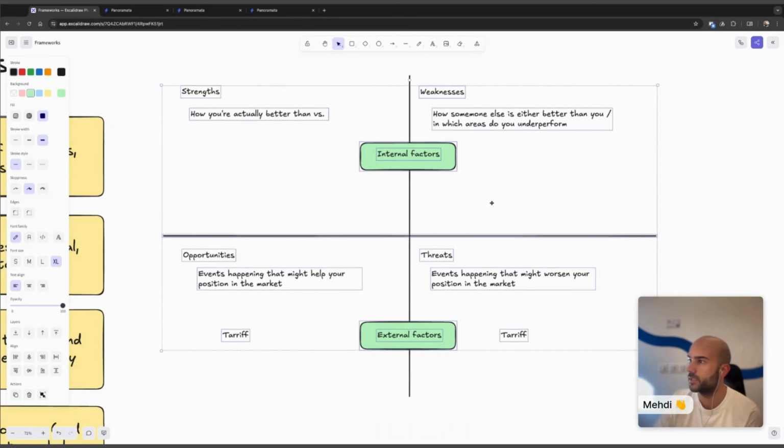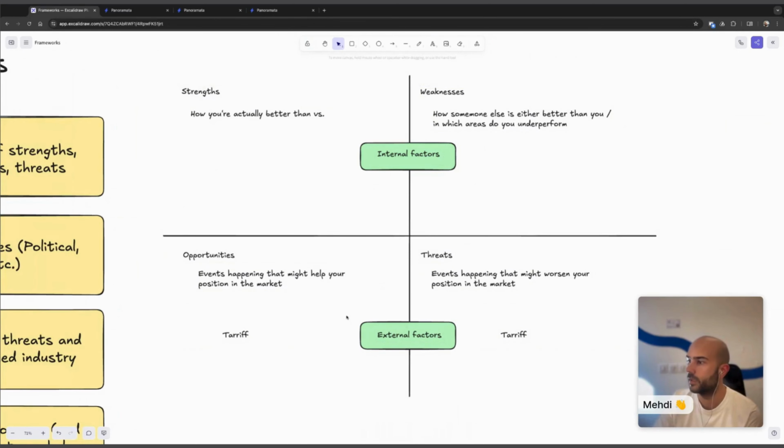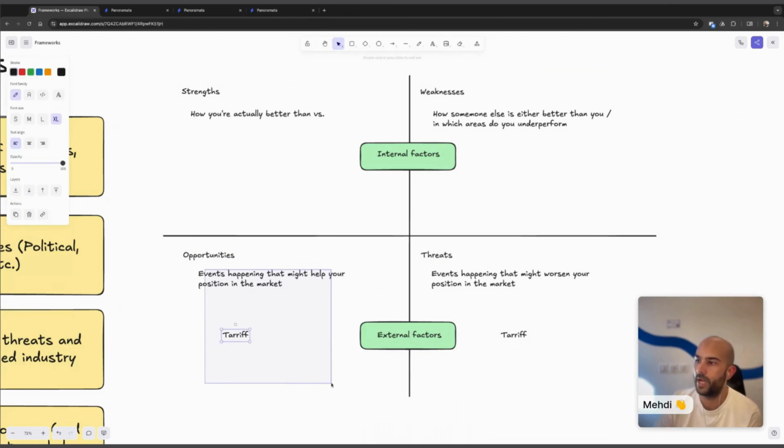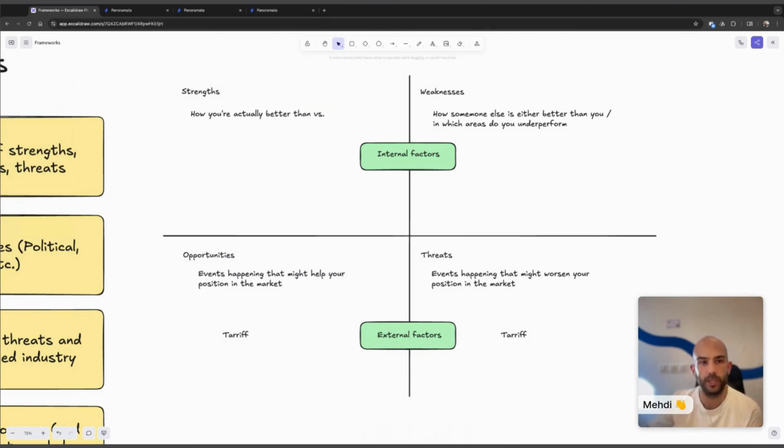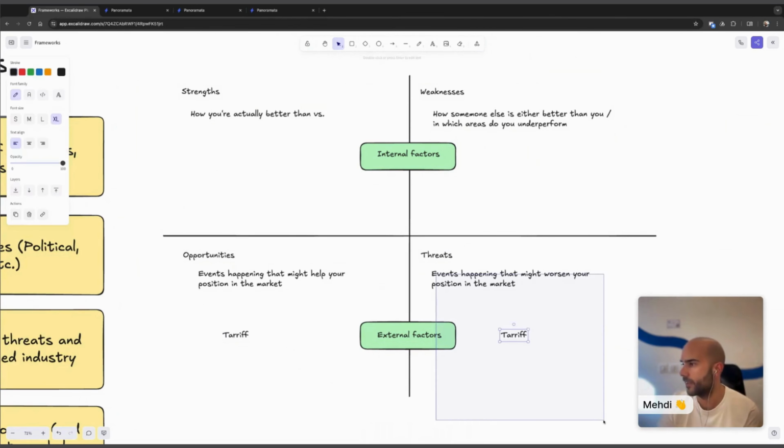You really have those internal factors, what I should do, and these external factors, how should I shape my next actions to make sure that I can either ride this wave because I know this is a big opportunity and it's not something that I can manage, but I can put myself in a position where it's going to help me, or a threat, how can I limit my exposure to a threat that I can't actually manage? So that's for the SWOT.